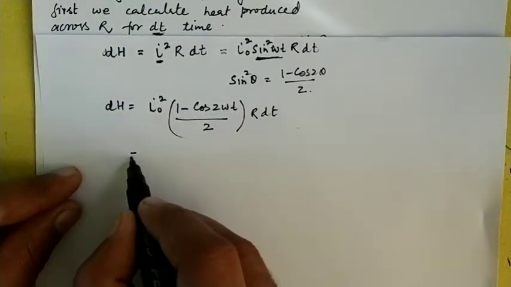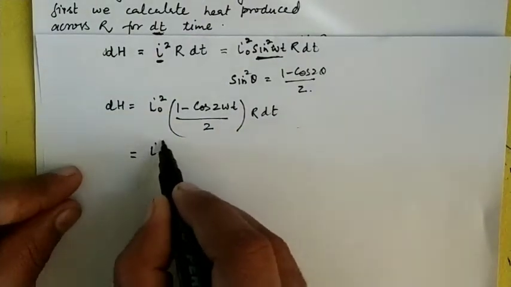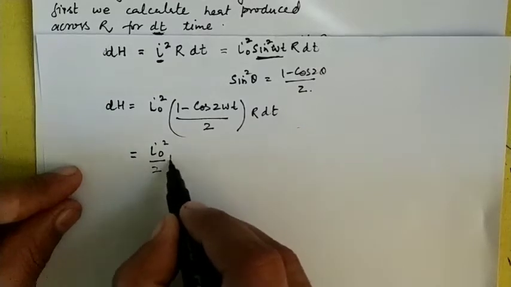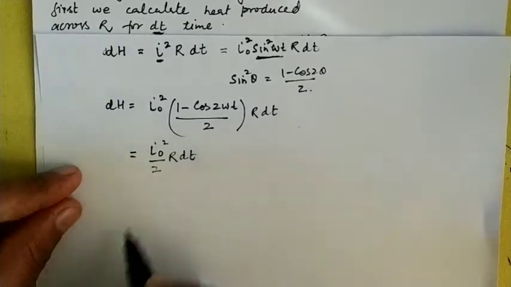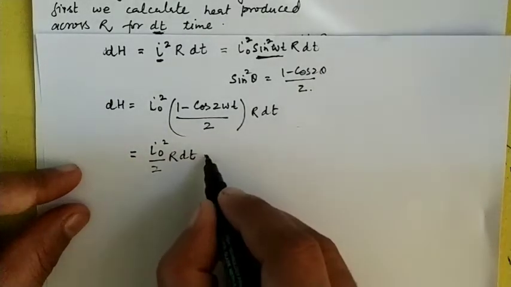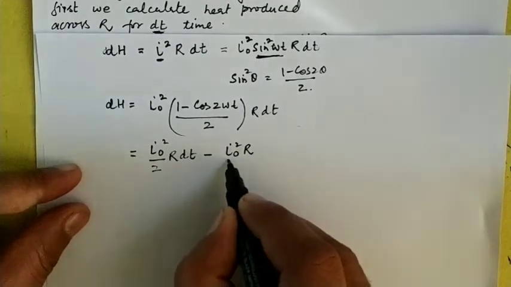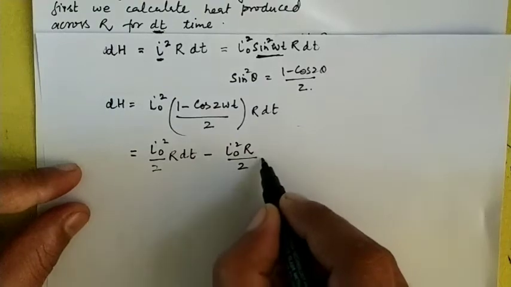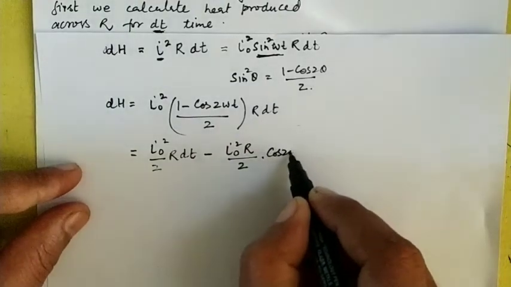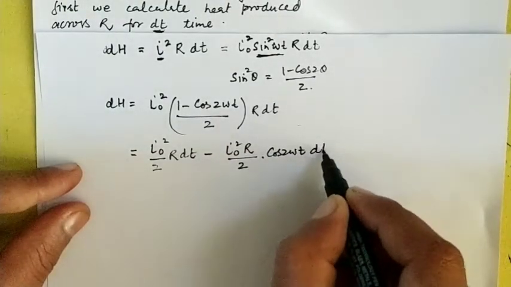Now solving a little bit more: I naught square divided by 2, R dt, and opening the bracket, minus I naught square R divided by 2 into cos of 2 omega t into dt.